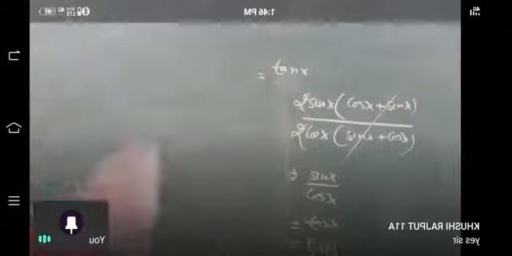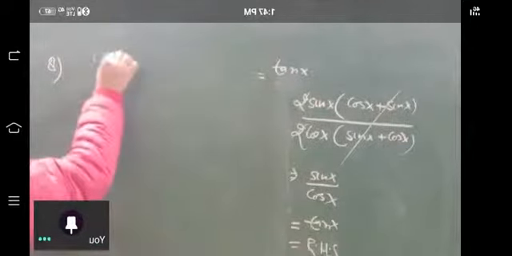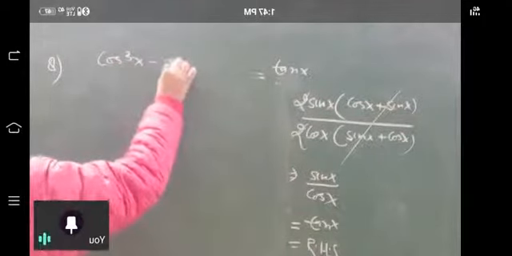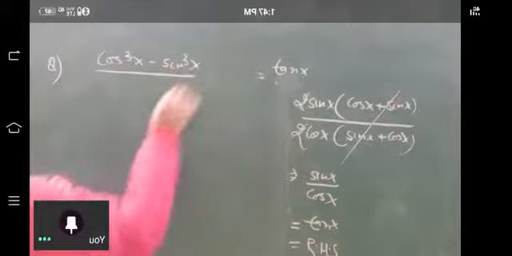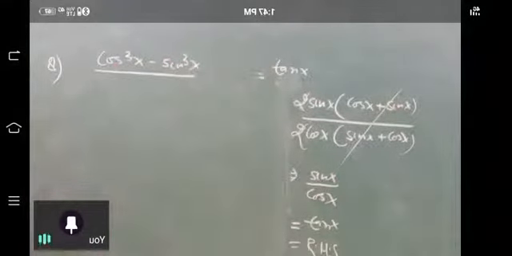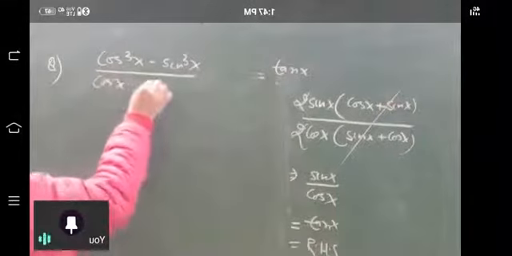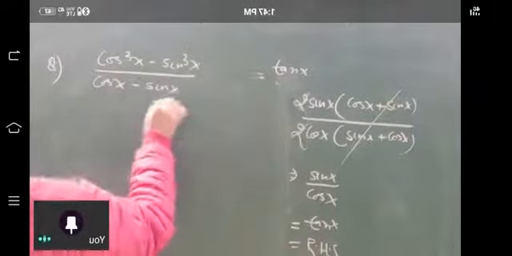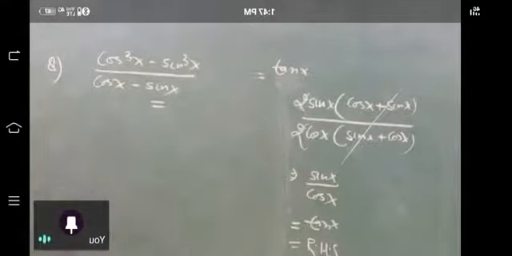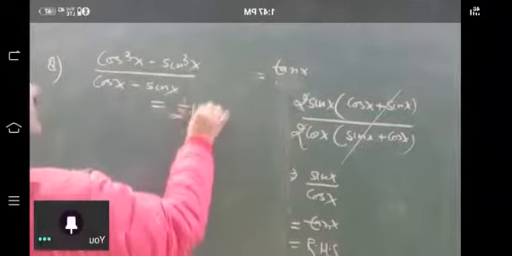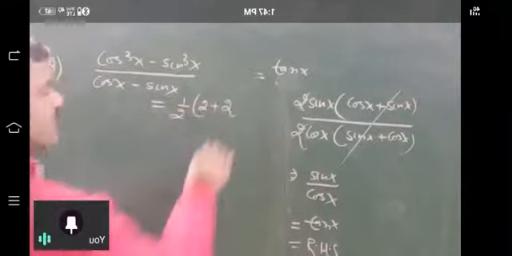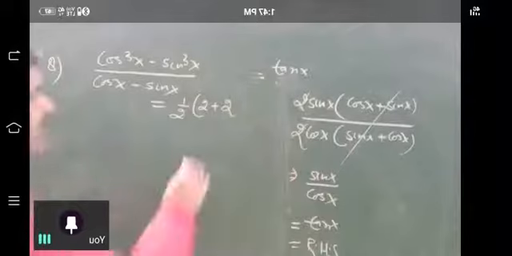Now students, this question is for you. Try it for 2 minutes, and then I want to see who can do this question clearly. (cos³x − sin³x)/(cos x − sin x) = 1/2 (2 + sin 2x).